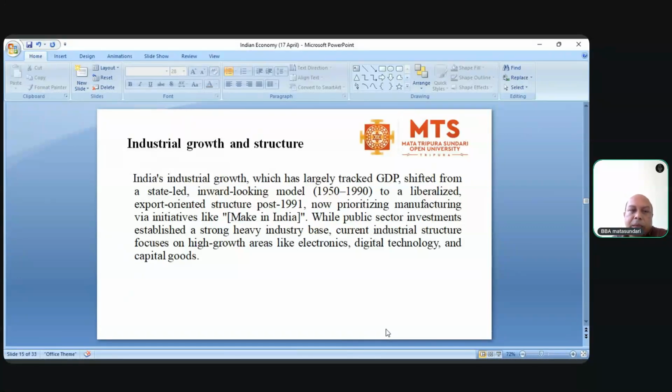Growth of the industrial sector increased very rapidly after 1991 due to the market-oriented economy in India, and the government opened the Indian economy to foreign firms to set up industries. The Indian government removed various restrictions, licenses, and ceilings on investment in India. At the same time, foreign direct investment also increased, and diversification also increased in the industrial sector.